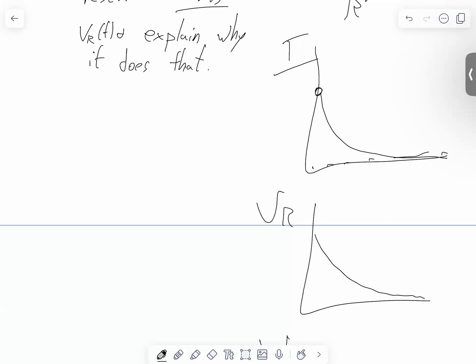Andrew, please. Total voltage has to add up to battery, right? And the charge on the capacitor starts out nothing.